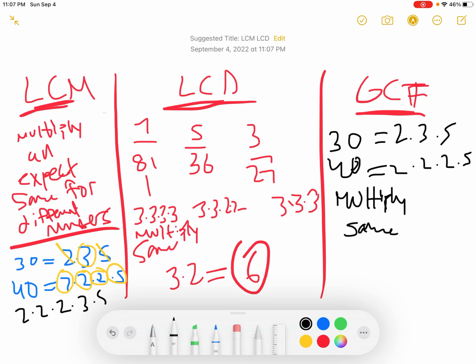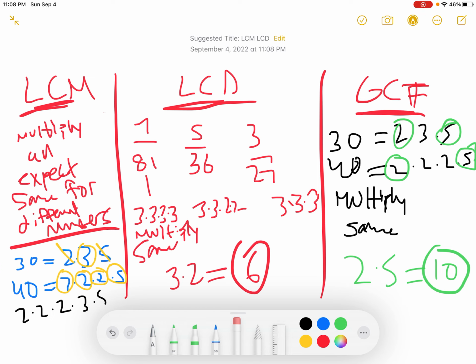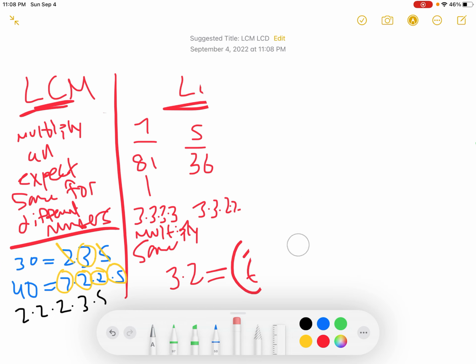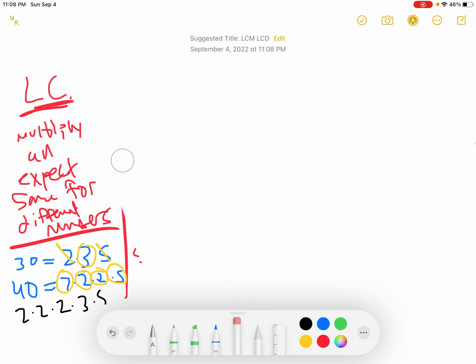That's a little bit similar to the least common denominator. So if we're multiplying the same, these are the same, these are the same, but we don't need to duplicate it, so we just do 2 times 5, which is 10. So it's pretty simple. So those are those three things, and with that, I think now I've said everything that you would possibly need to know.